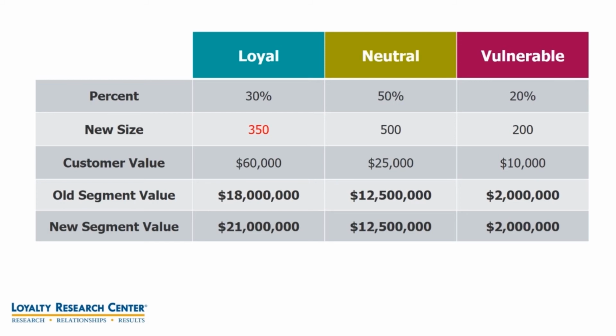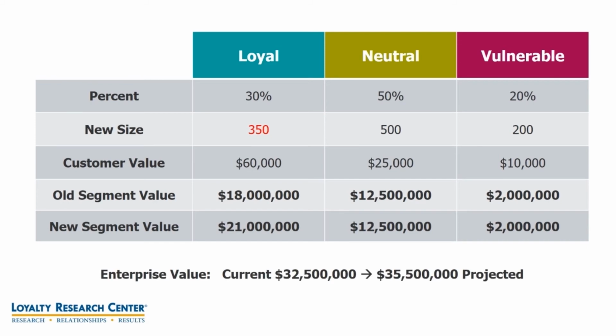But you can see the enterprise value actually grows to $35.5 million, a growth of 9.2% in enterprise value. Again, not bad, but you're going to see more carryover from that. You're going to see referrals, more cross purchases of your other products, services. You can even reduce your costs for this segment.